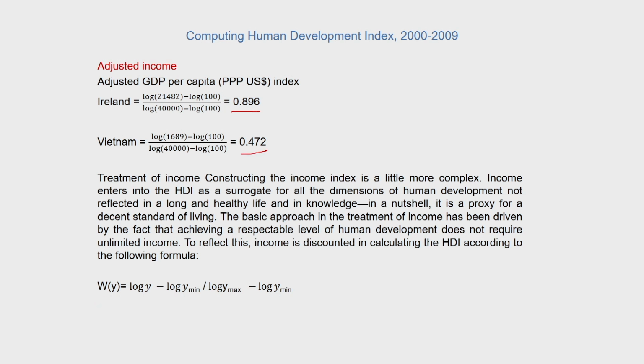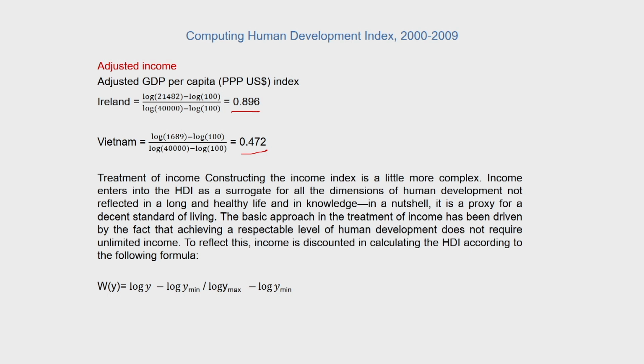So, this is the income utility function, which is given by log y minus log y minimum divided by maximum minus minimum. And one of the reasons, as I have already mentioned, the treatment of income is a little more complex, because income enters into the HDI as a surrogate for all dimensions of human development, which is not reflected in long and healthy life and in knowledge.